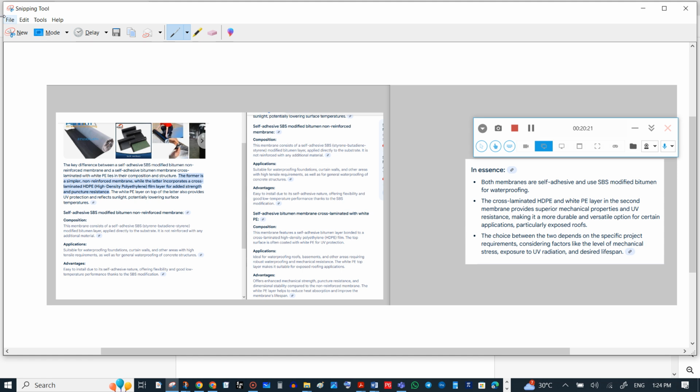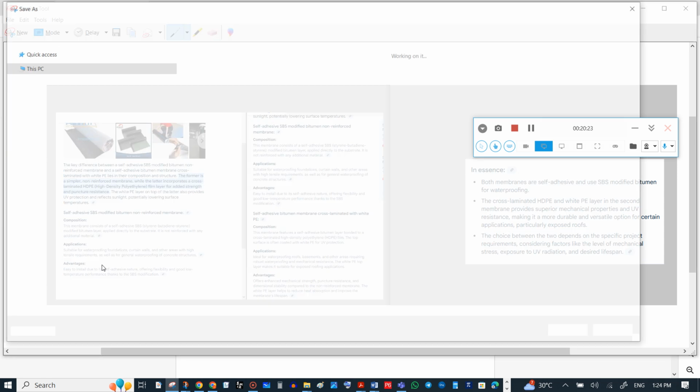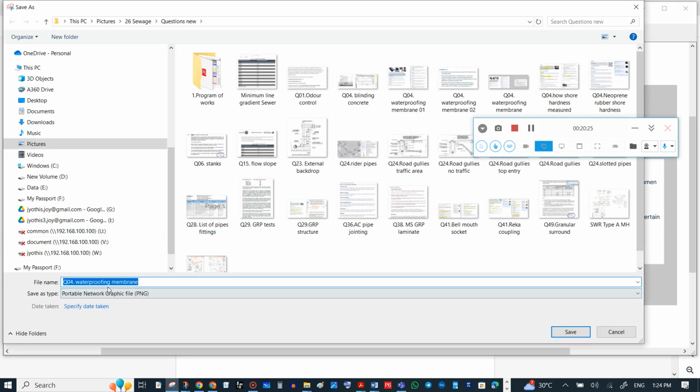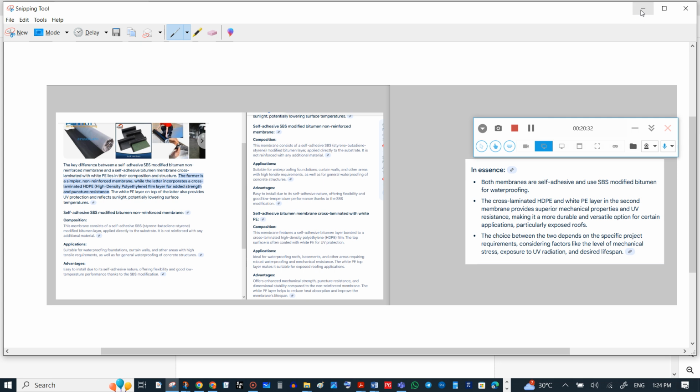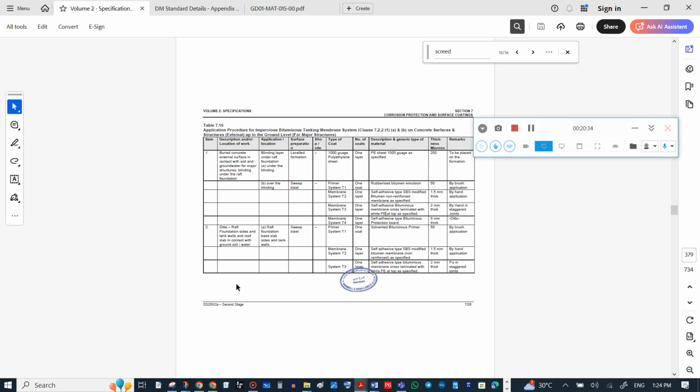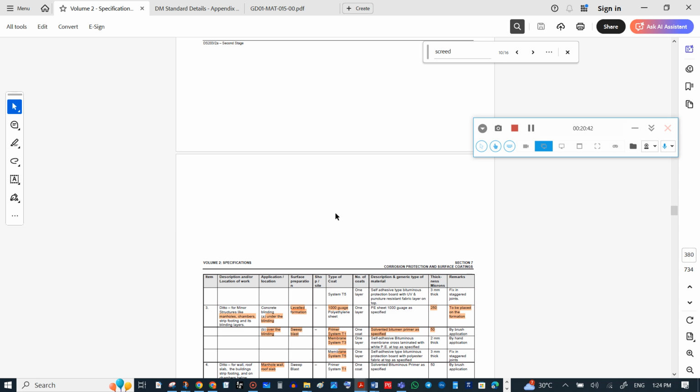Okay. So this is the waterproofing system we discussed. Now we have to go for sweep blast. What is this sweep blast? That also we need to see.